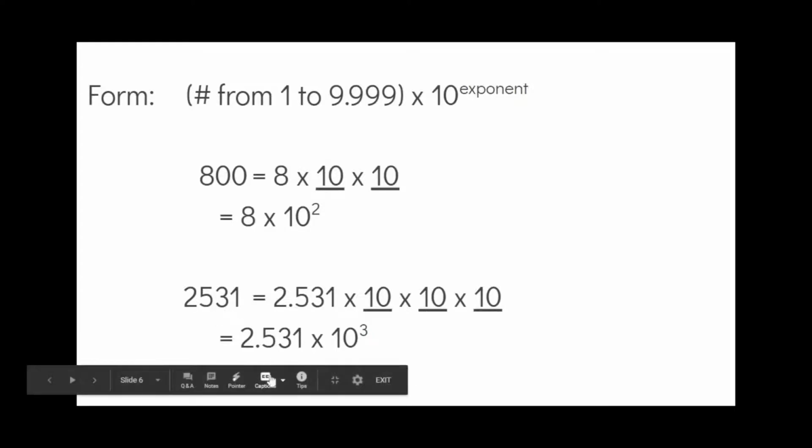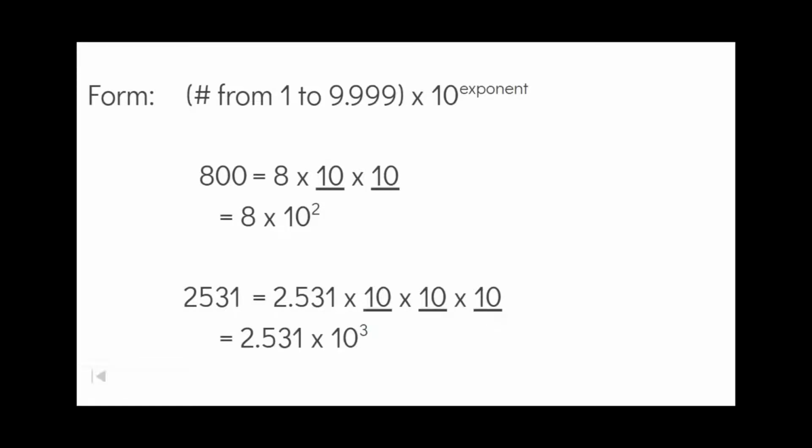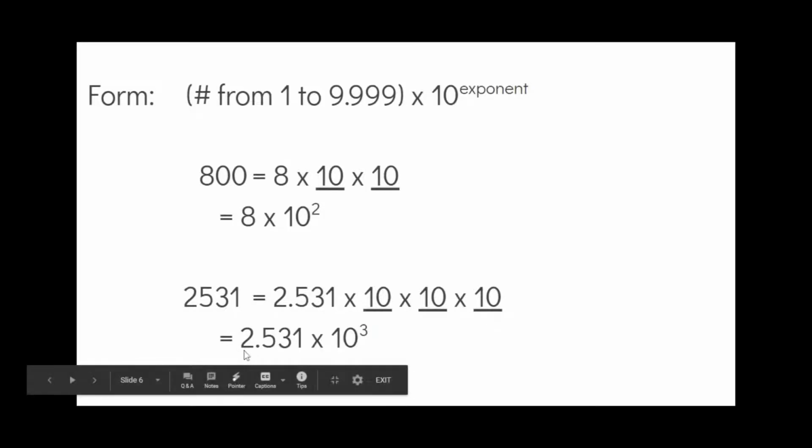In this case, our first significant non-zero number is 2. So we'll move our imaginary decimal point 1, 2, 3 places, and now our number is 2.531. That means that we've moved our decimal point 3 tens places, which means that we have 2.531 times 10 to the third.